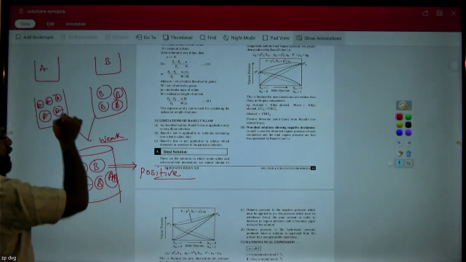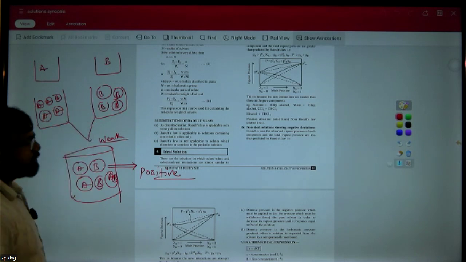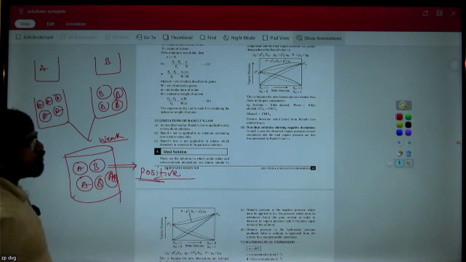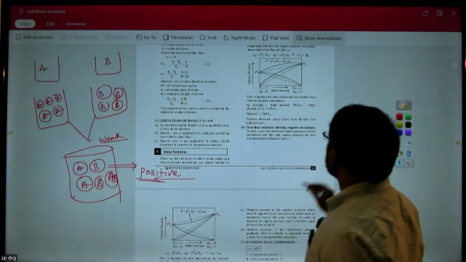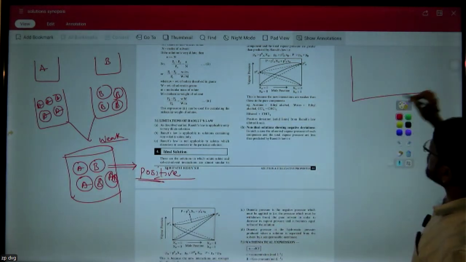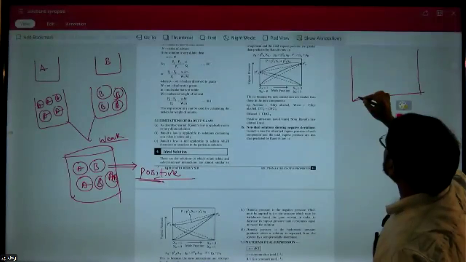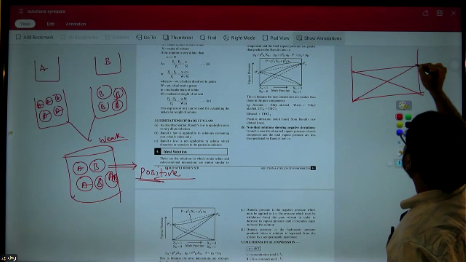Whenever one solution is prepared from two components and the interactions are weak, it is going to show positive deviation. In case of positive deviation, how will we get the graph? Like this, just as we discussed about the graph now. For example, in case of an ideal solution, we will get the graph like this.